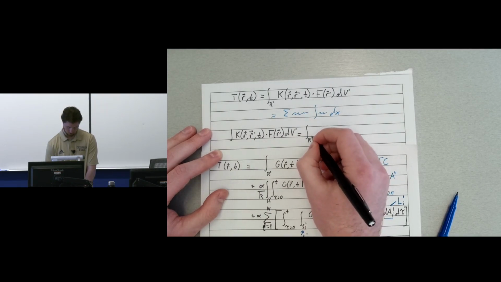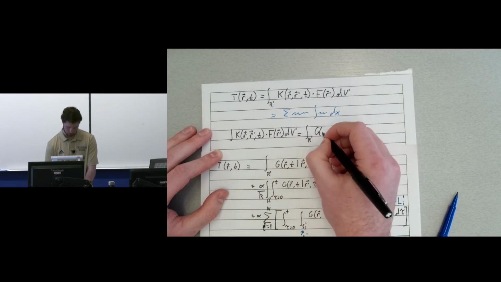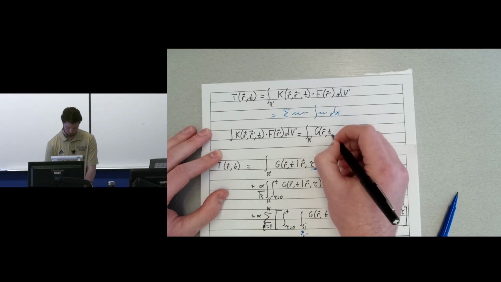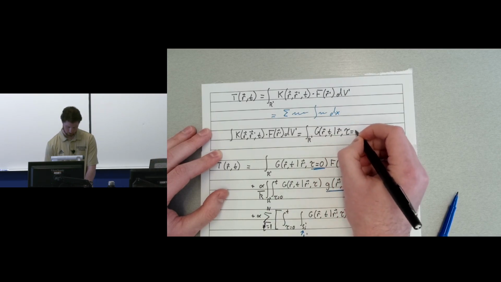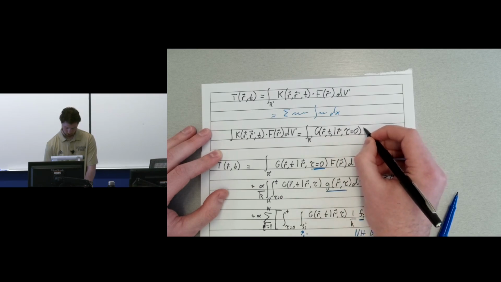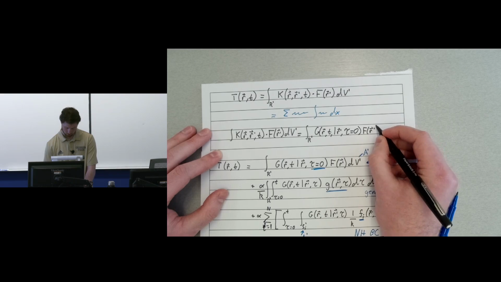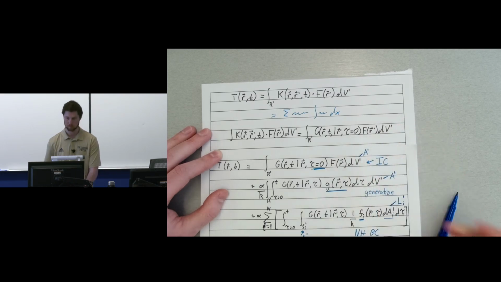So it's going to be equal to our Green's function at tau equals 0 times some initial condition dV prime.